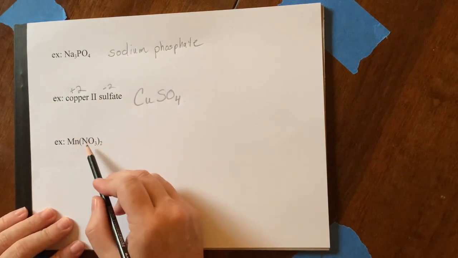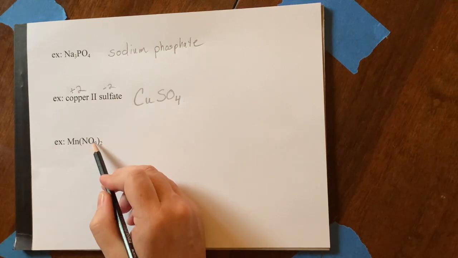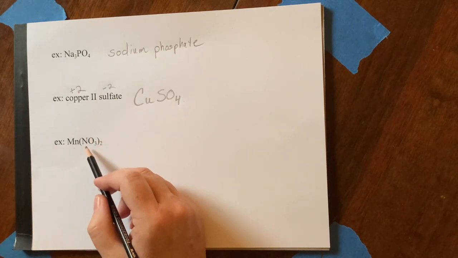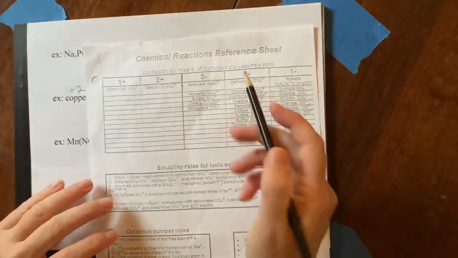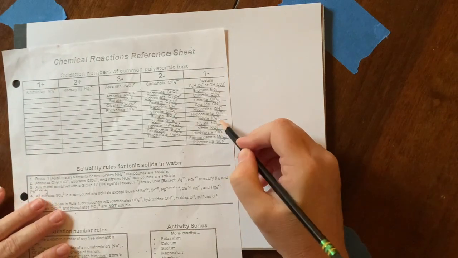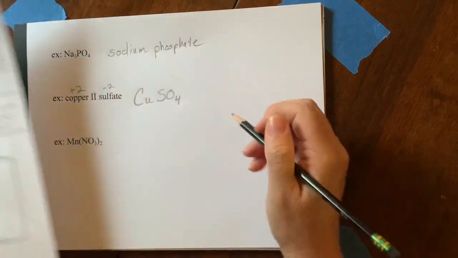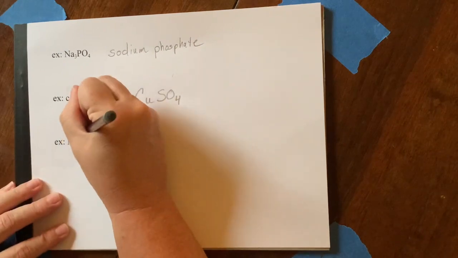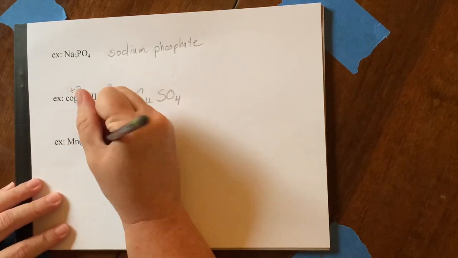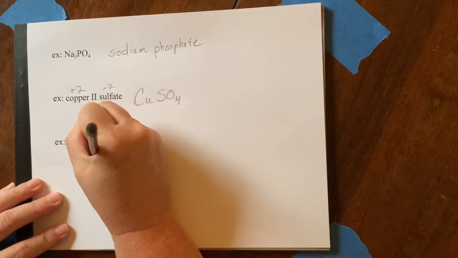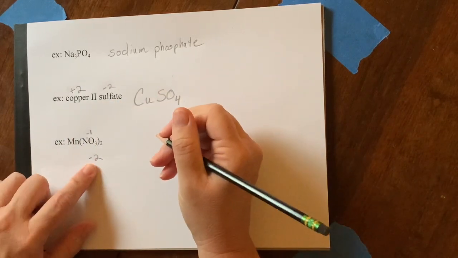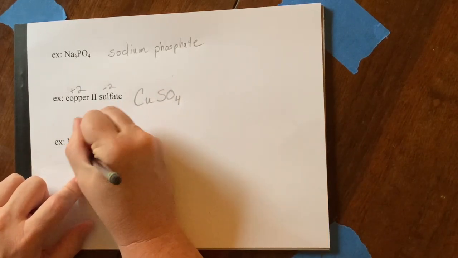Well, to figure out the charge, I need to look at my polyatomic ion. My polyatomic ion is nitrate, which is NO3. I look at my sheet, I find NO3 is right here, it is nitrate. It has a -1 charge. There are 2 nitrates, which means I have an overall -2 charge I have to deal with.